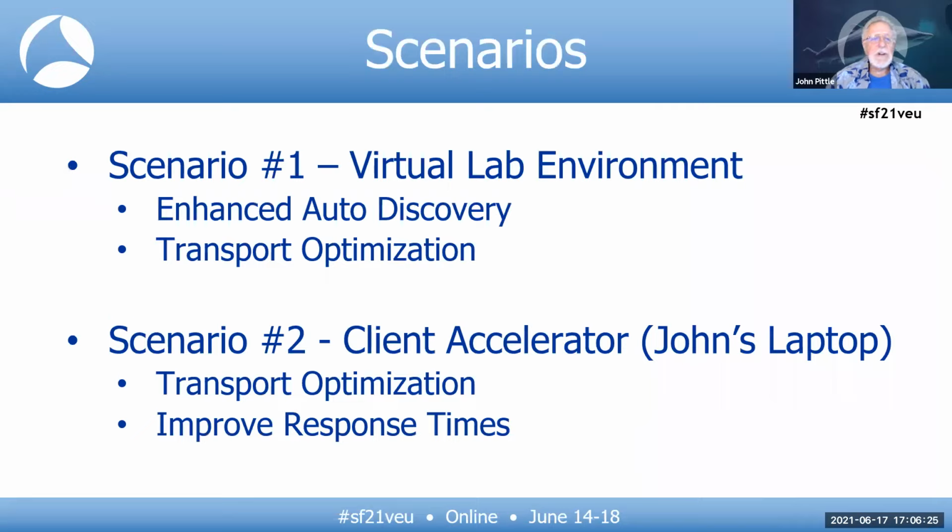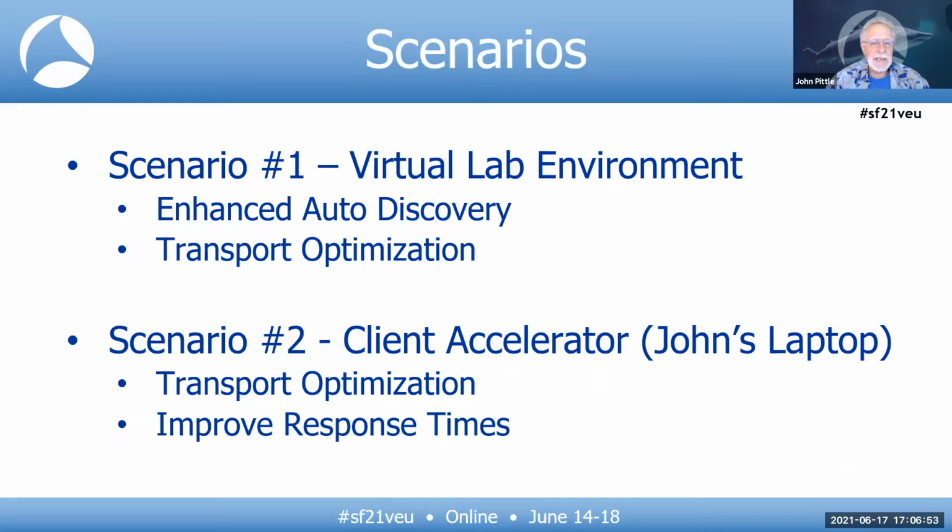So we're going to look at two different scenarios. The first scenario is from a virtual lab environment where we have a couple of virtual Steelheads simulating a branch and a data center. We're going to look at enhanced auto discovery, and we're going to look at some transport optimization features in action. And then we're going to jump to scenario number 2, where we're going to look at a version of Steelhead that's running on my laptop.